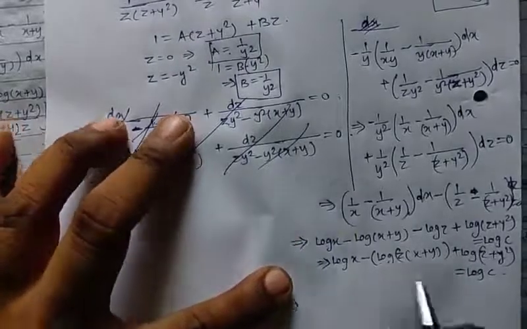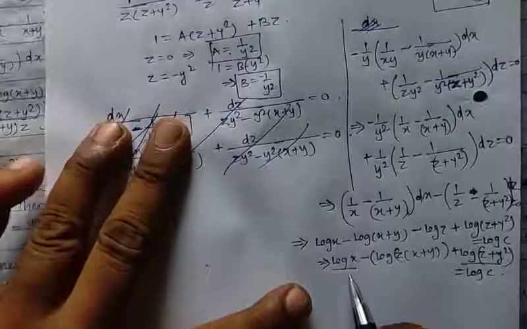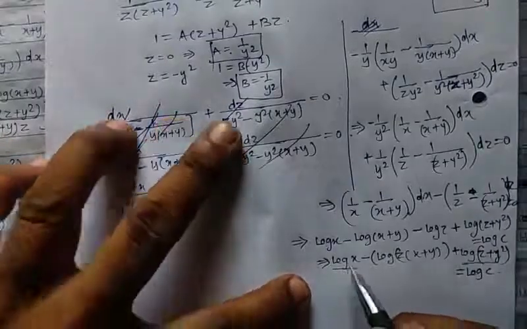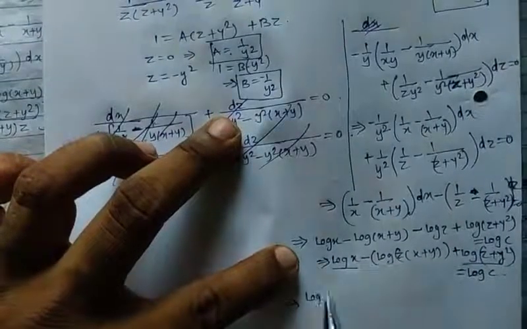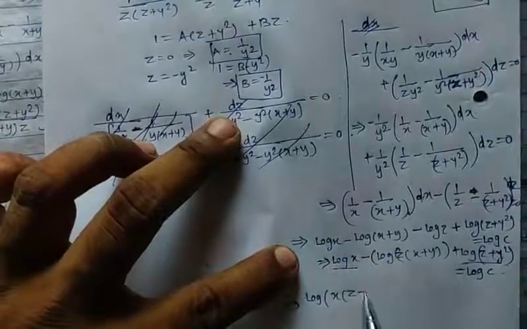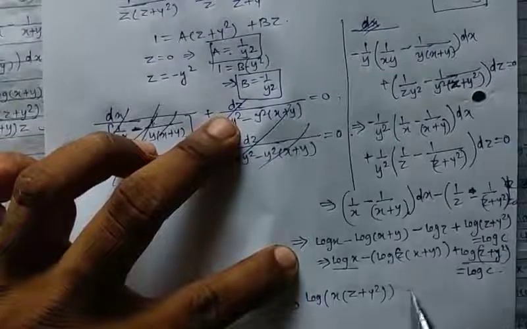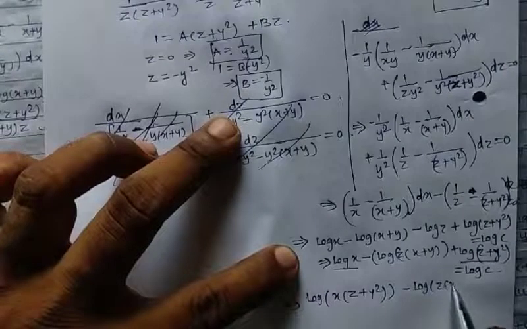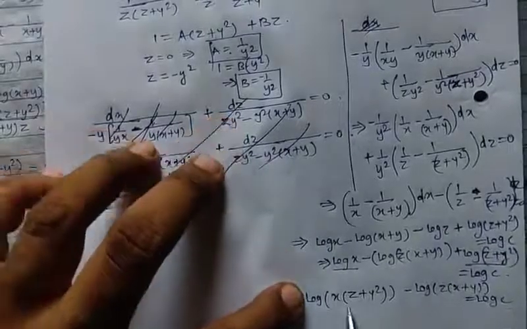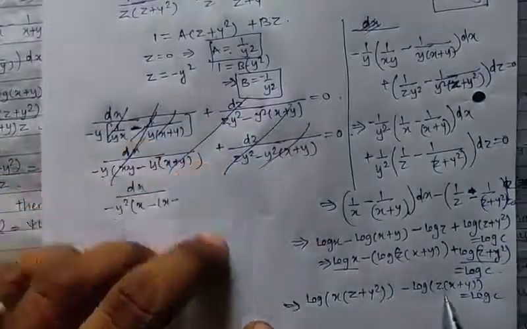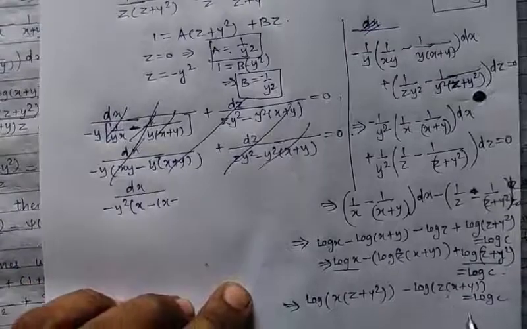From these two equations, we know the formula log a plus log b is log of a into b. So we get log of x into (z + y²) minus log of z into (x + y) equal to log c. Then log a minus log b is log of a by b.